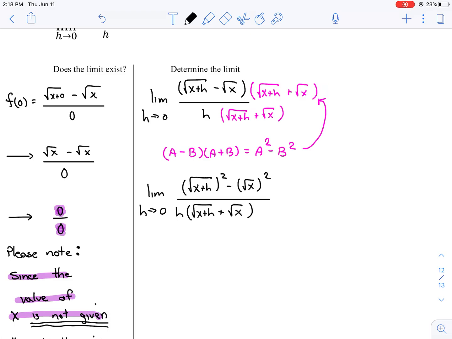And again, I did not distribute the h in the denominator because we may be able to divide like terms here after simplifying the numerator. Let's go ahead and simplify the numerator. So this is the limit as h approaches 0 of x plus h minus x divided by the denominator, h times the square root of x plus h plus the square root of x.